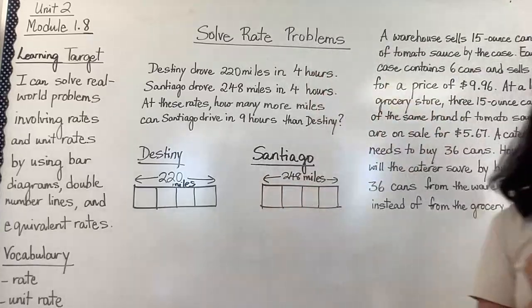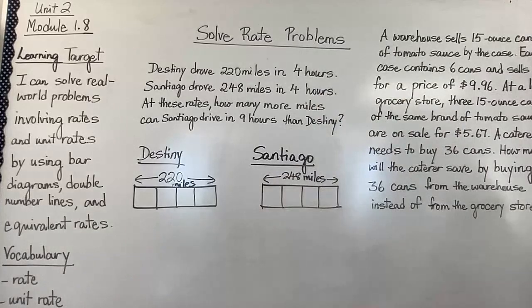All right, so now we can see that we are going to find the unit rate. So you can divide the total number of miles each person drove by the number of sections in the diagram to find the unit rate. And then the number of miles they drove per hour, that's what it's going to be, okay?